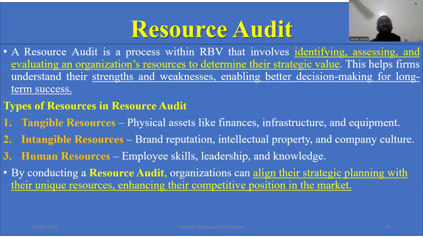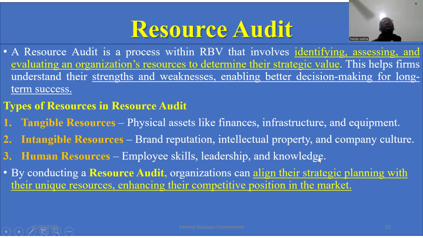So there are three types of resources. The tangible resources. Tangible means anything you can touch. These are the physical assets like finance, infrastructure, and equipment. Then the intangible resources is what I was telling you, your brand, your intellectual property, your company culture. You cannot touch. Then the human resources, employee skills, leadership, and knowledge.